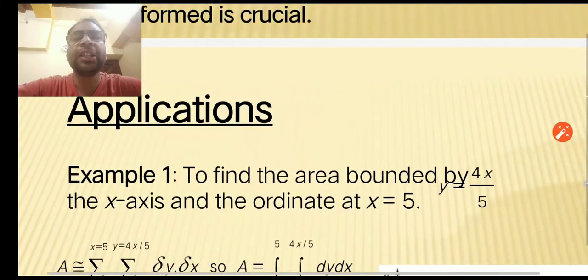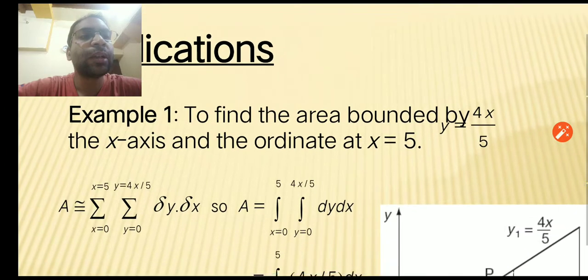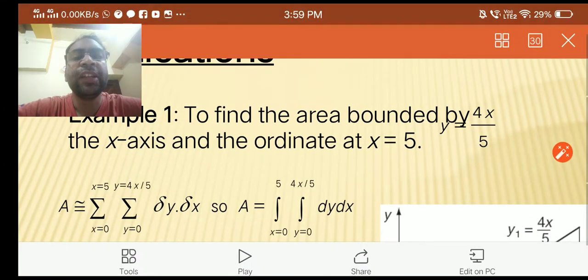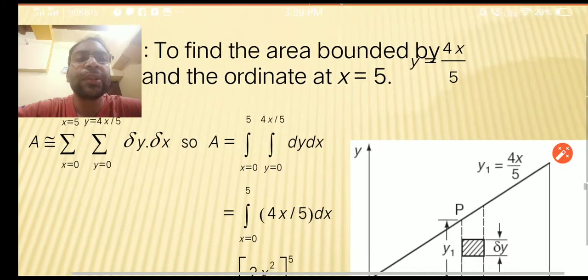Now let's talk about the applications of these double and triple integrals. The major applications are to find the area, surface area, and volume of figures. Let's consider an example: find the area bounded by y is equal to 4x upon 5, the x-axis, and the ordinate at x is equal to 5.